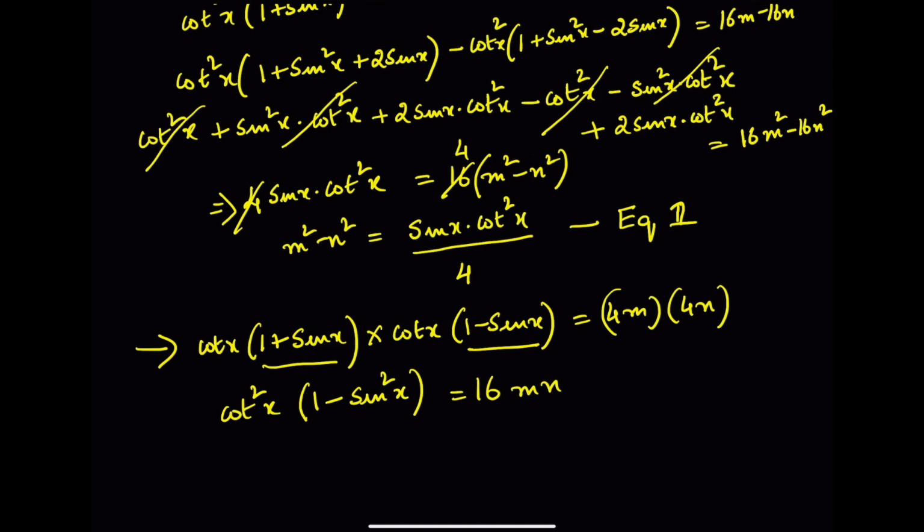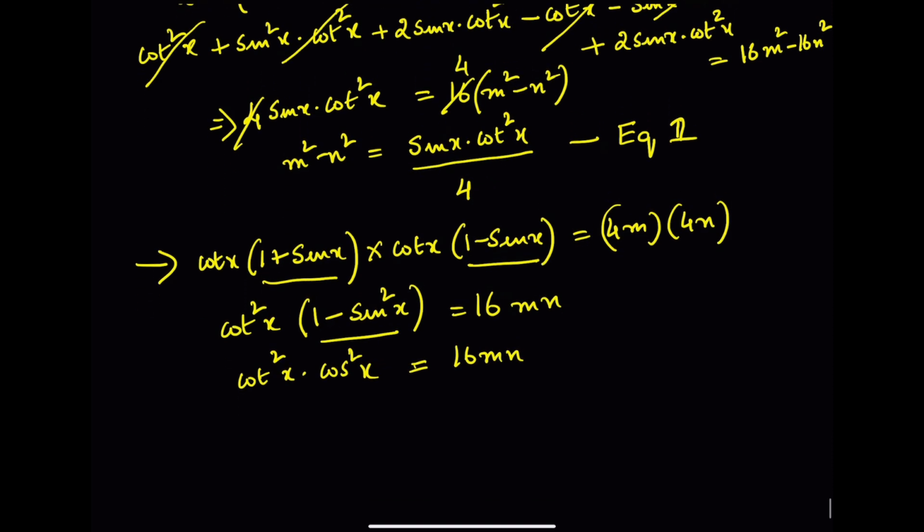Now 1 minus sin square x is cos square x. We can replace this with cos square x. So we will have cot square x times cos square x is equal to 16 times mn. So mn is equal to, let's change cot x to cos x by sin x.